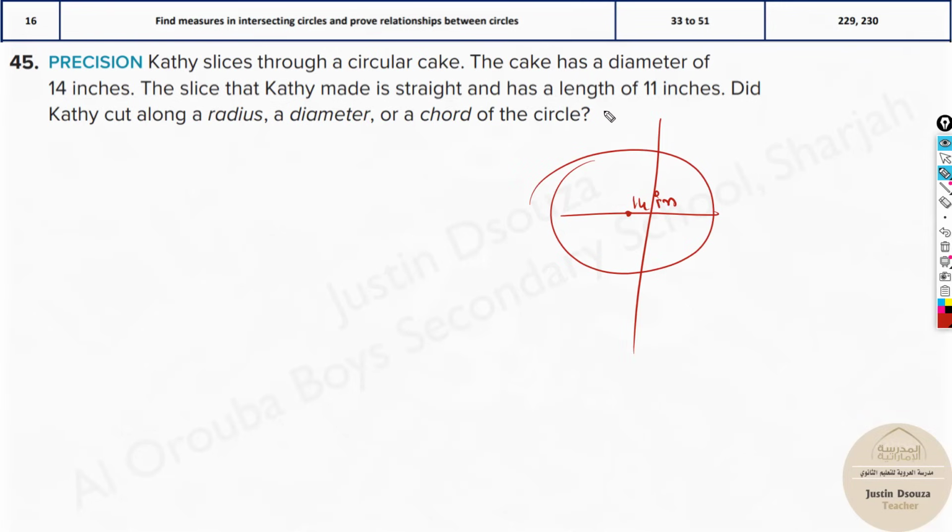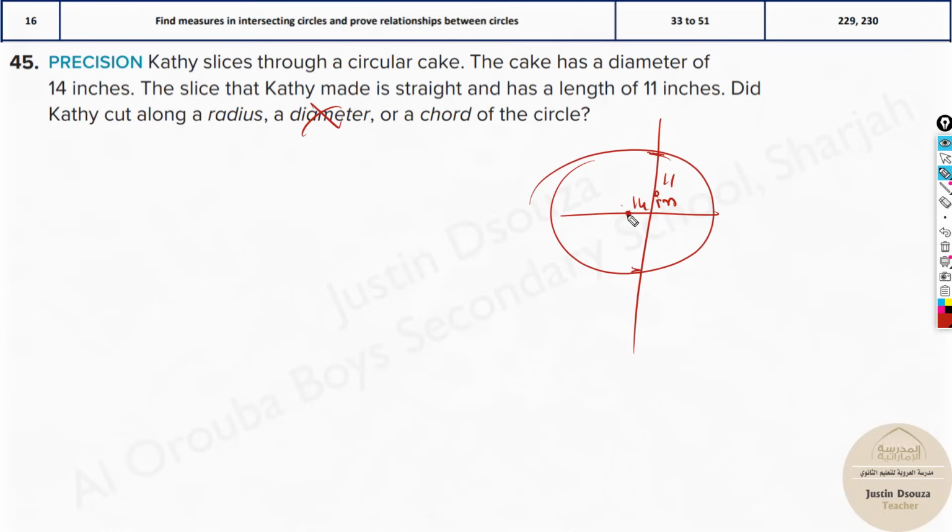Katie made a straight slice of length 11 inches. The slice which was made is 11 inches, not 14, so obviously this is not a diameter. This can be easily eliminated. Only if it was 14, that could be the diameter. Now they're asking whether it's a radius.